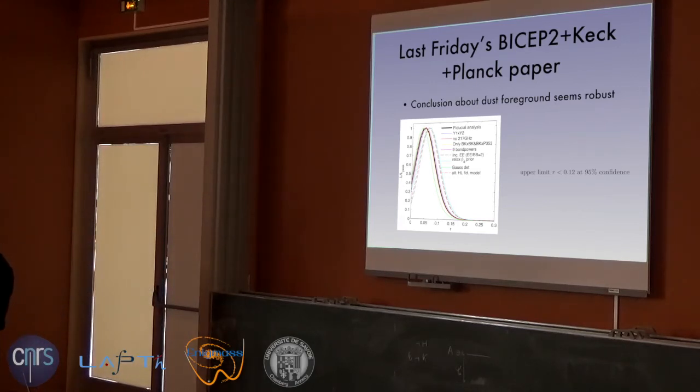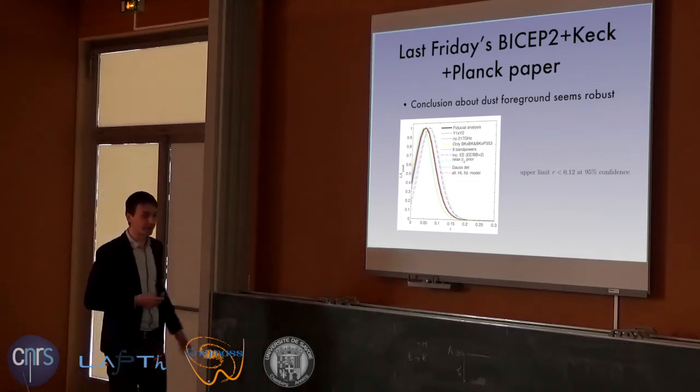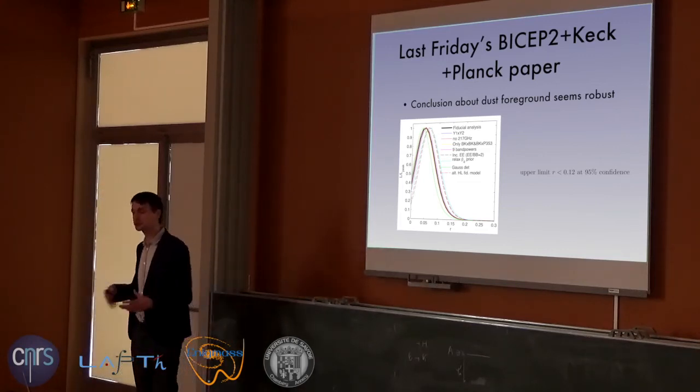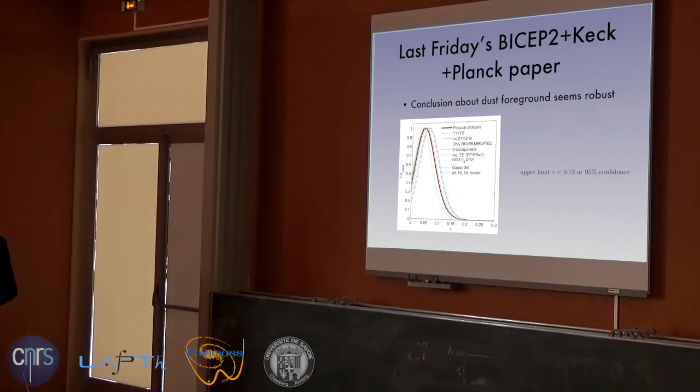It's the same location. And you add the data of BICEP, and you add the data of the Keck array, and you add the data of Planck into one analysis. And you can compute the cross correlations of the different maps. And that is what they did this Friday. So you finally can take the data of different frequencies, cross correlate, and try to figure out if you can disentangle dust from primordial sources of B-mode polarization.